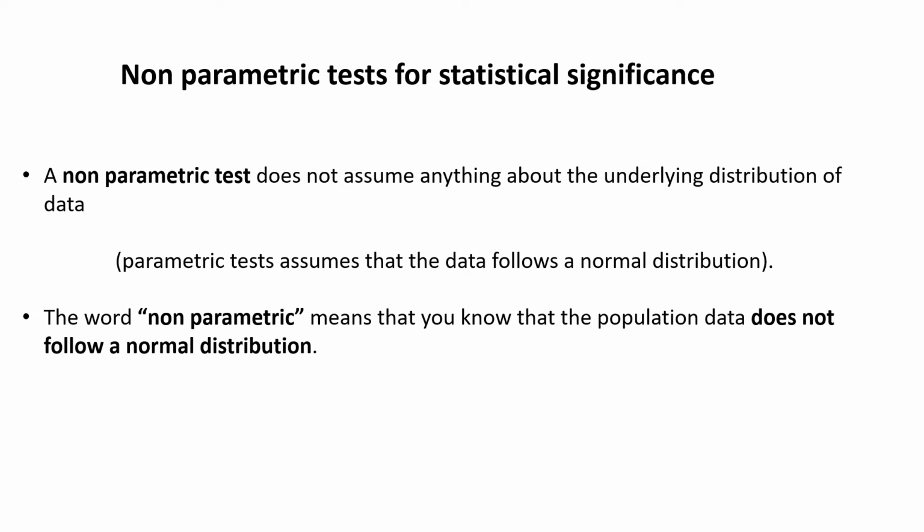But in the case of non-parametric tests, there is no assumption about the underlying distribution of data. In other words, non-parametric test means that the population data does not follow a normal distribution. Population data is not normally distributed.